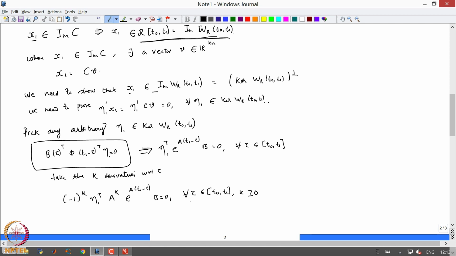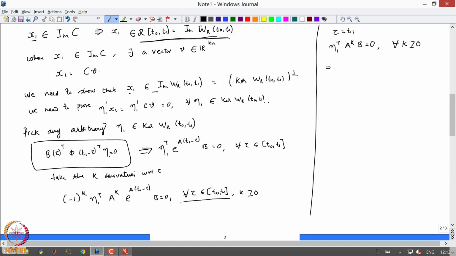Okay. So, I just say that this is valid for all tau between t 0 and t 1. So, in particular when tau equal to t 1, what I have is eta 1 transpose a power k times b equal to 0 for all k greater than or equal to 0.